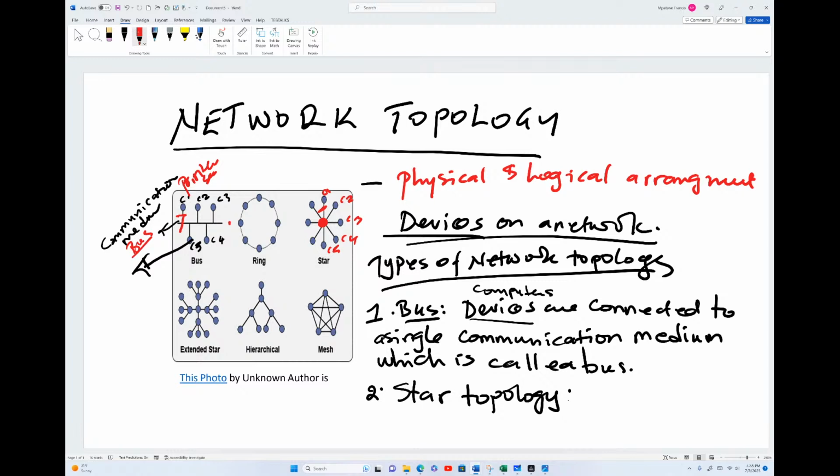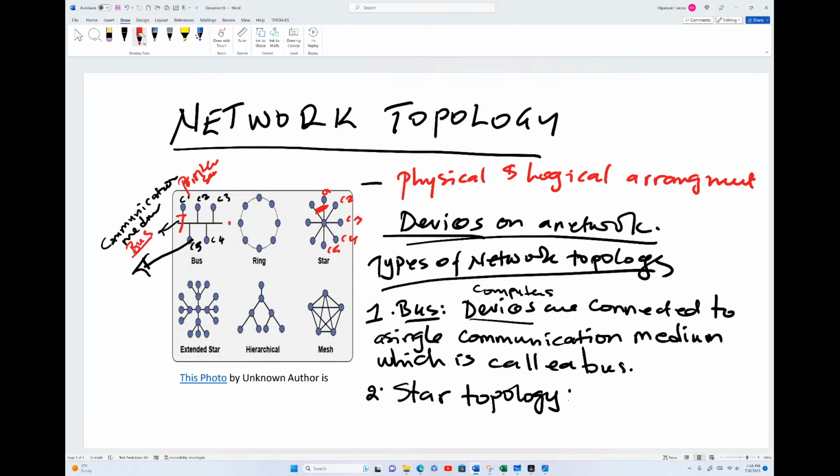So each of the devices on this type of topology has a dedicated connection to the central server, forming a star-like structure. And if one device or connection fails, it doesn't affect the rest of the network. That's what I'm telling you. If any of these fails, the rest of the network will not be affected.